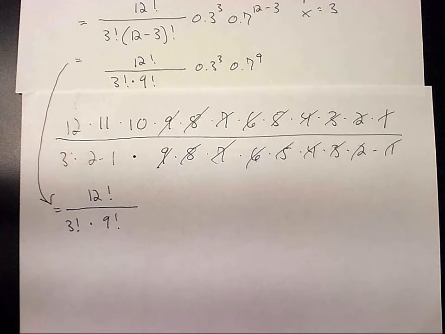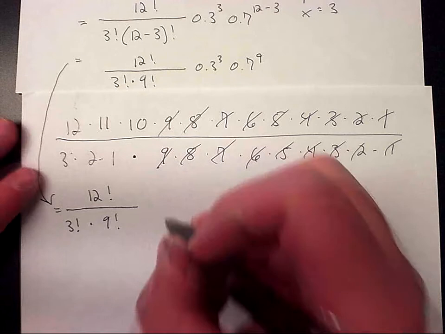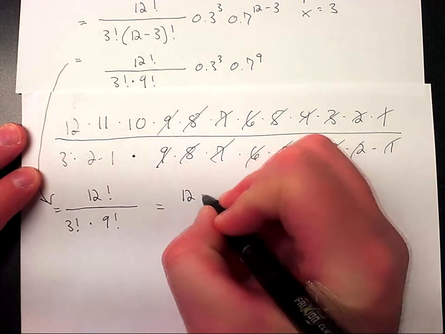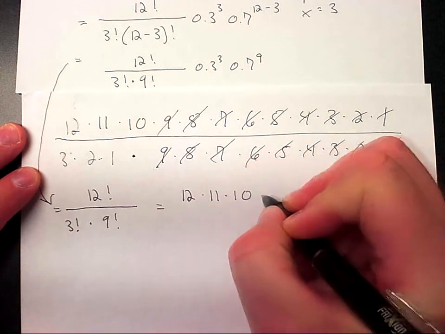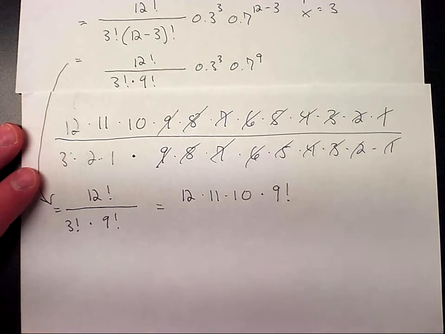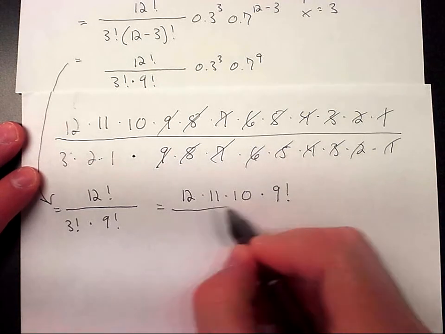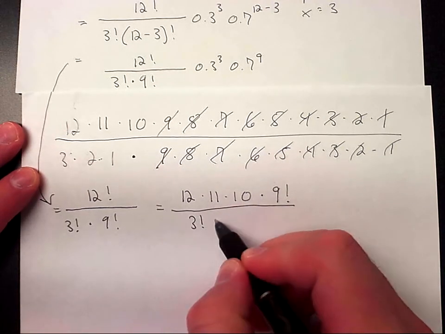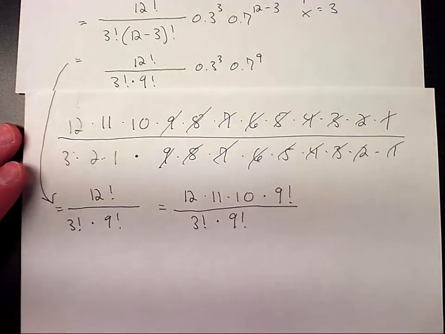It's like all these numbers are included all up here, right? So what you can do then is you can rewrite this as 12 times 11 times 10 times 9 factorial. You don't have to write out all those other numbers. Divided by 3 factorial times 9 factorial. Right, is everybody good with this?